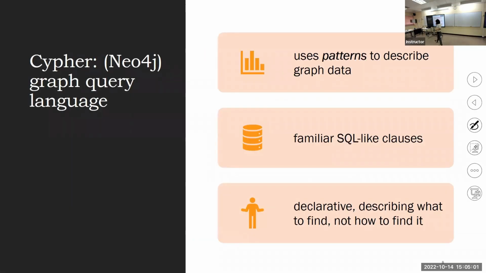And what we will be practicing in the lab that you will be using, but there are many other graph stores as well, is what is called Neo4j. It's one of the top store engines for the graph model as well.